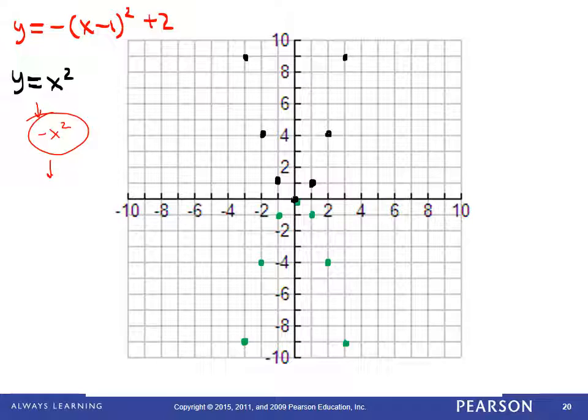We got this so far. Now let's put in the final things here. That little minus 1, we're going to move off to the right 1 unit. And this one says we're going to move up 2 units. So let's take this little 0, 0 marker. Let's go 1 to the right, and then up 2. So that 0, 0 now became 1, 2, right there where that red dot is. At this point, we're just moving individual points.